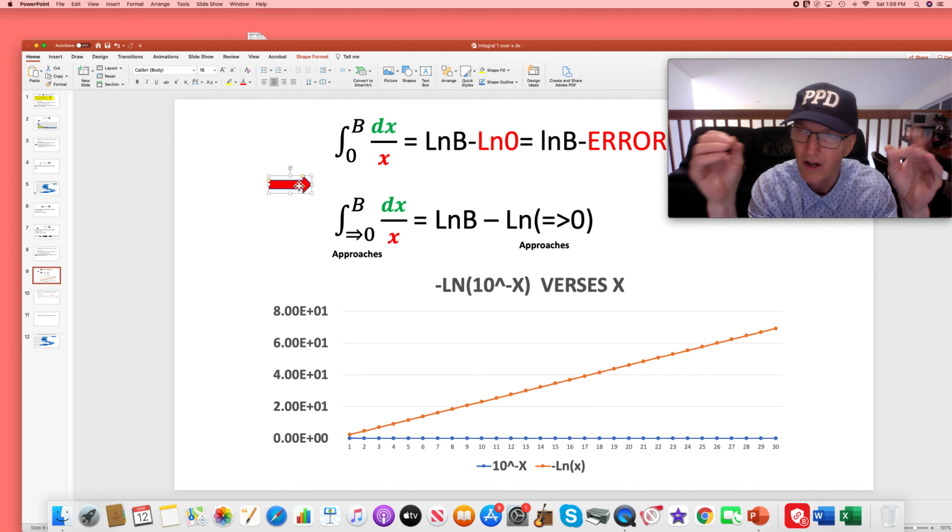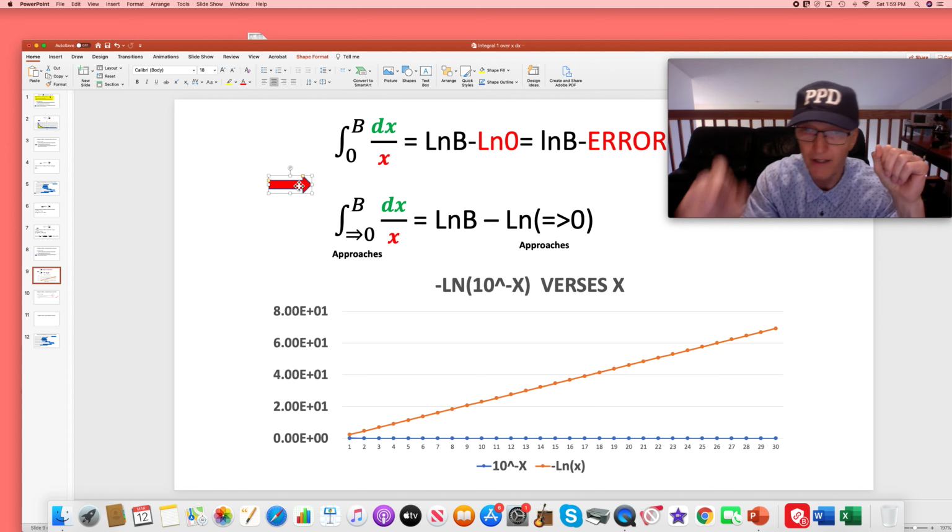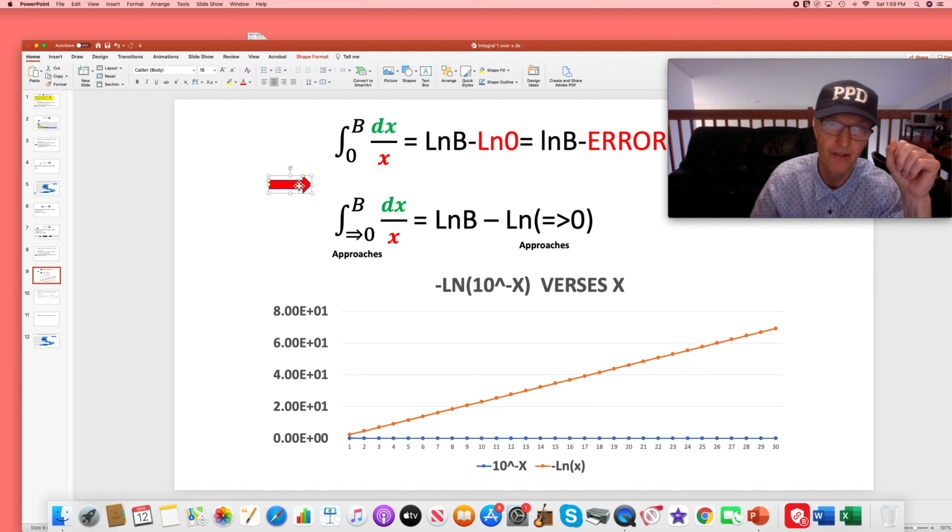Again, I want to keep it graphical, and show how this last term, ln of some small value, behaves as it approaches 0. So I actually graphed that here. On the vertical, I have a range of values going from 0 up to 80.